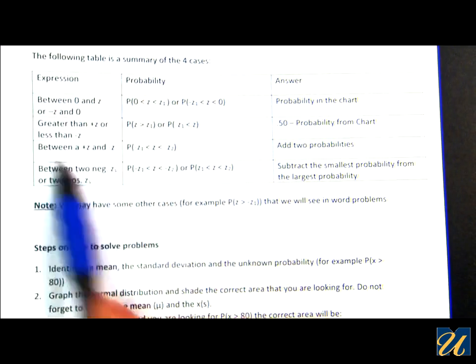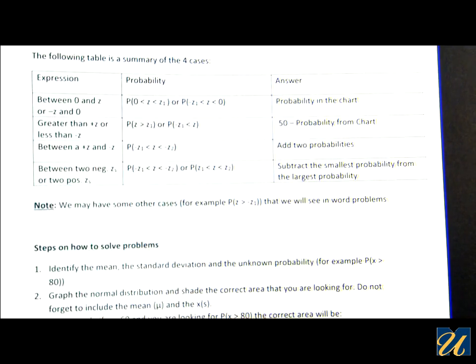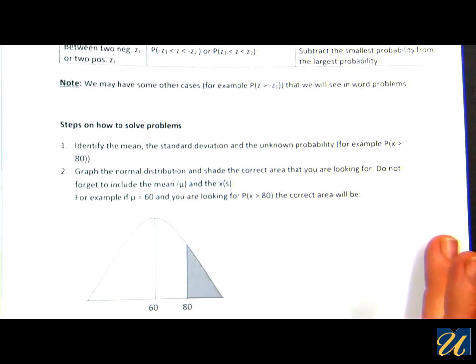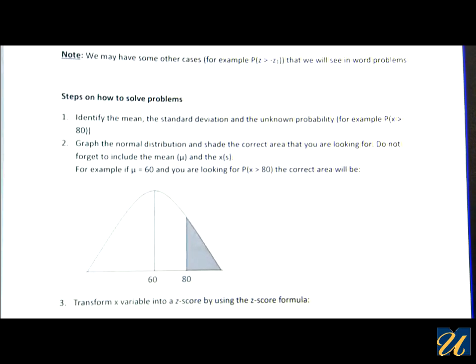And here we have the table that summarizes the rules when it comes to the areas you're looking for. So please make sure that you understand this table. Now, when you are given a problem, you will have a normal distribution with specific characteristics. You will be given mu, you will be given sigma, and then you will be asked to find a specific probability.